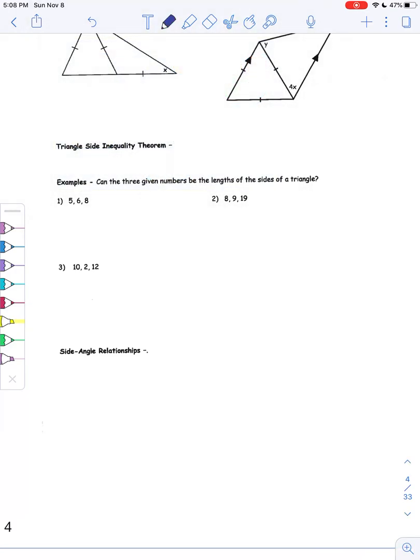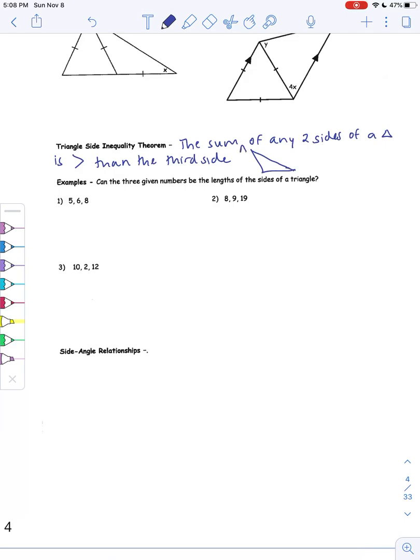So here we have the sum. We're on the far right of page 4. The sum of any two sides of a triangle is greater than the third side. So let's say you are given an obtuse triangle that we're going to squeeze into here.